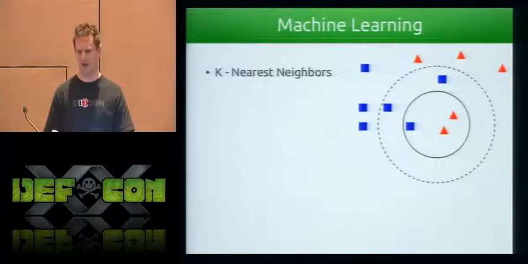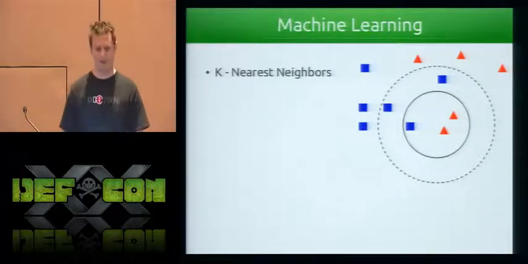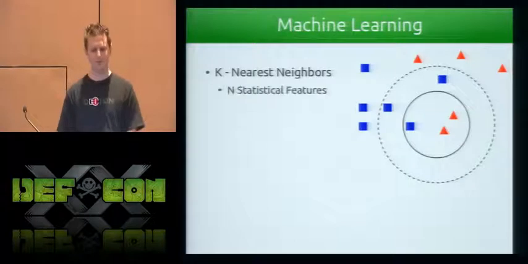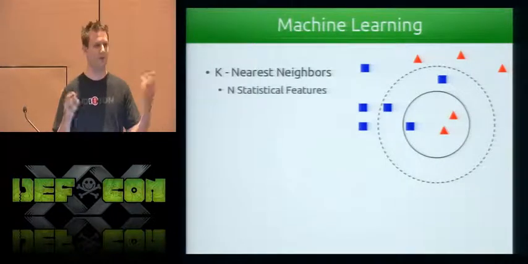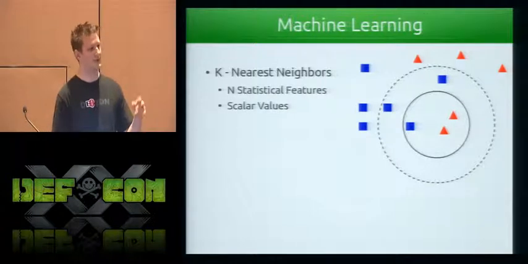The KNN, or k nearest neighbors, machine learning algorithm is a totally standard machine learning algorithm that lots of people use for lots of things that have absolutely nothing to do with network security. So I'm going to give you a quick intro to it here. You have n statistical features, however many you want. These are scalar values that you judge on the basis of each suspect.